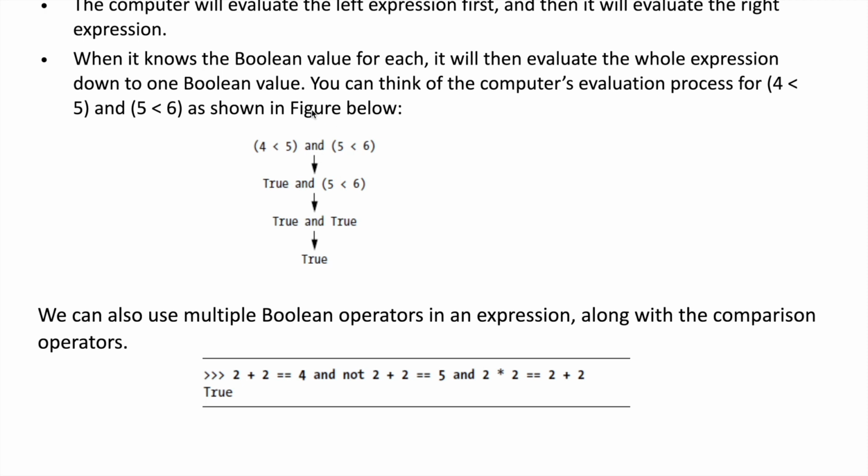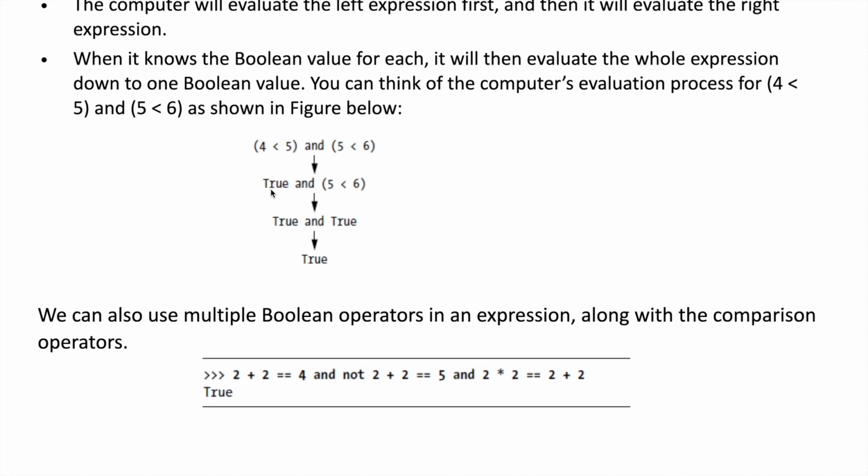And how is it going to evaluate this? When we mix the operators, how is your computer going to evaluate this? The computer will evaluate the left expression first, and then it will evaluate the right expression. First, it will evaluate the 4 less than 5, and it will evaluate the 5 less than 6. Then it will compare both values using the OR operator. See, 4 less than 5, true.